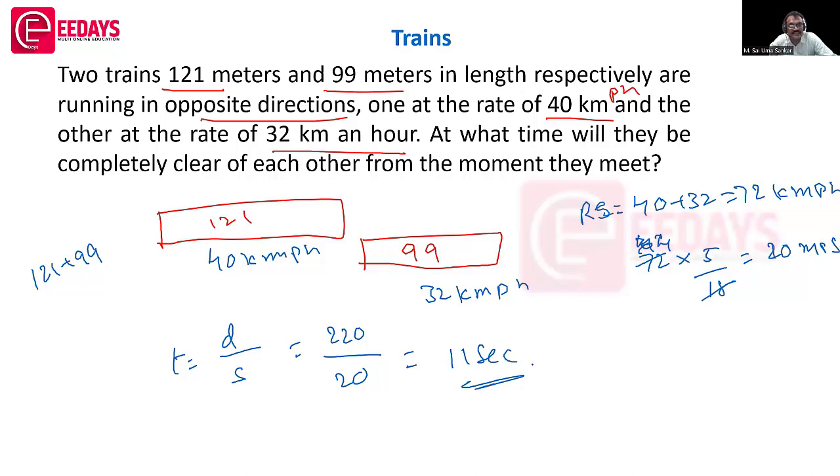Here 220 is in the form of meters. Now convert that 72 kilometers per hour into meters per second. Just multiply that number with 5/18. That is equal to 20 meters per second. Time is distance by speed. Distance is 220, speed is 20. So the answer is 11 seconds.